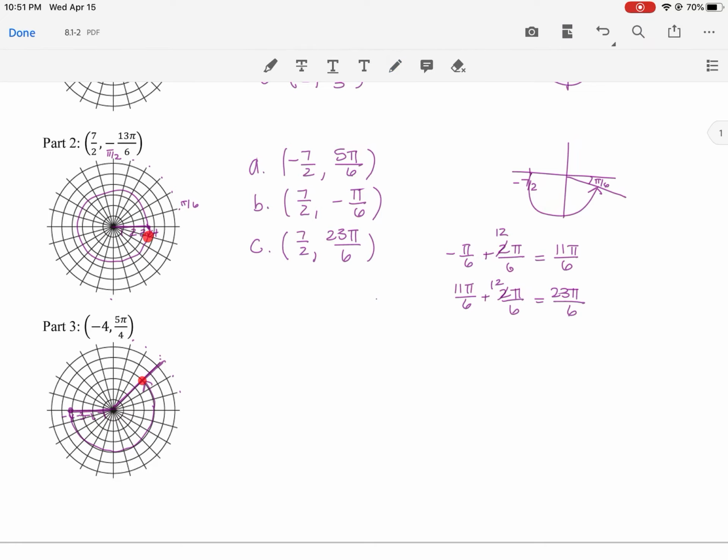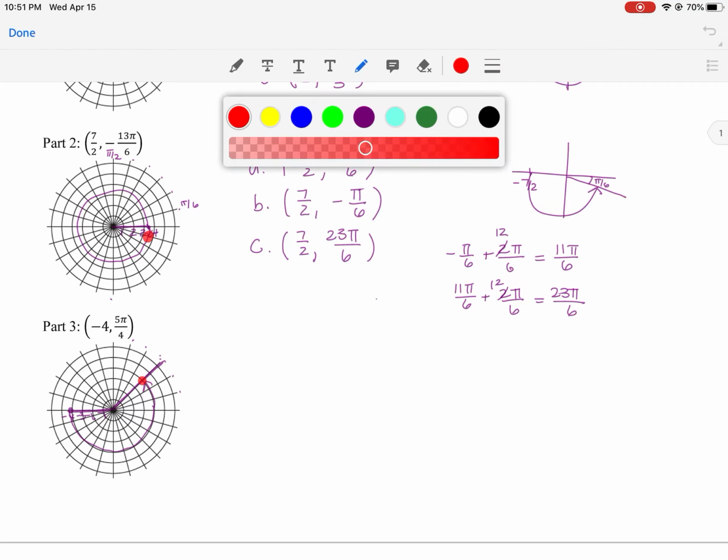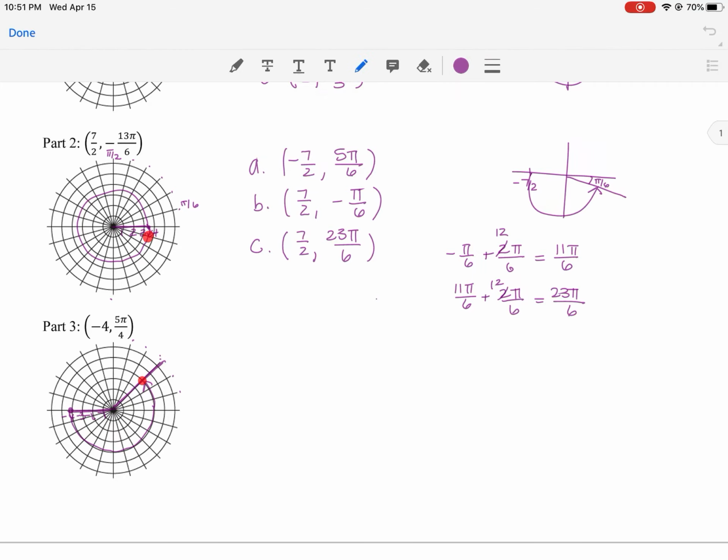Okay, so now let's talk about what this is equivalent to. So A is we're going to have a negative radius, but a positive angle between 0 and 2 pi. So let's just leave that as it is, 5 pi 4ths. Okay, next we're going to have a positive radius, so positive 4.